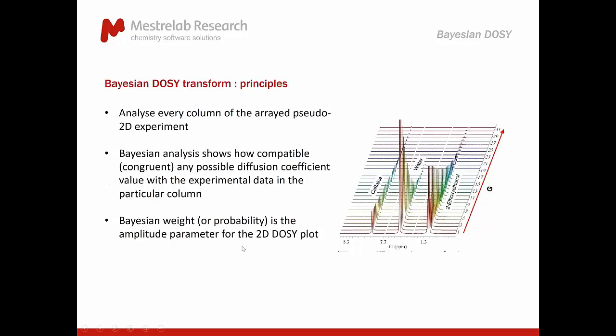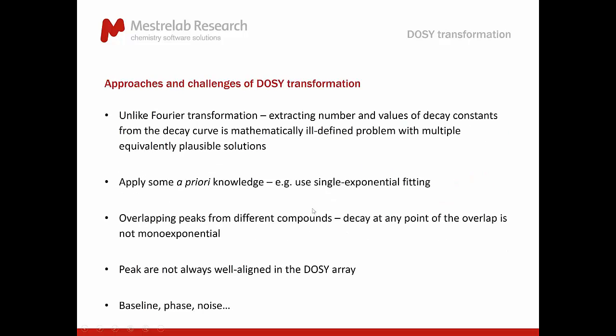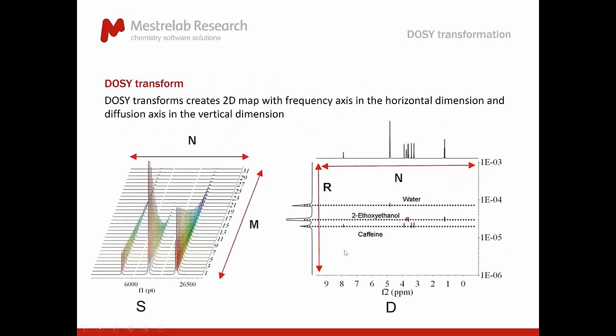Then we plot this value of the probability on a 2D plot. In the final 2D plot, very high probabilities appear as peaks. That means it's very probable your data set has this particular diffusion coefficient for this particular column, right?